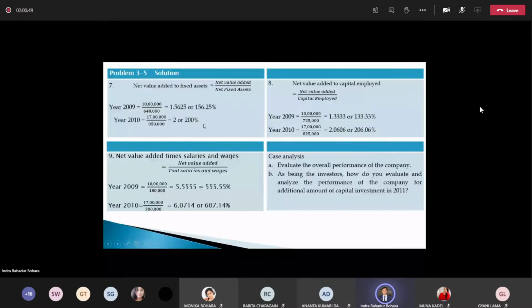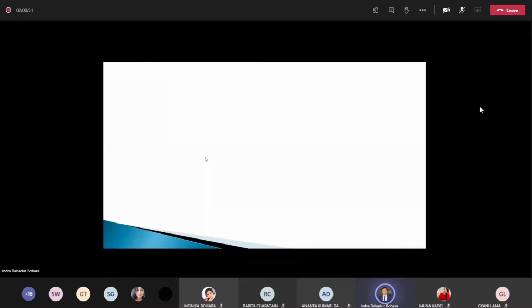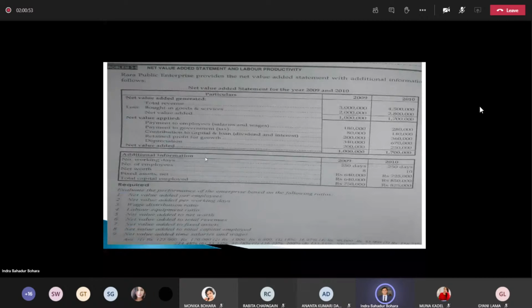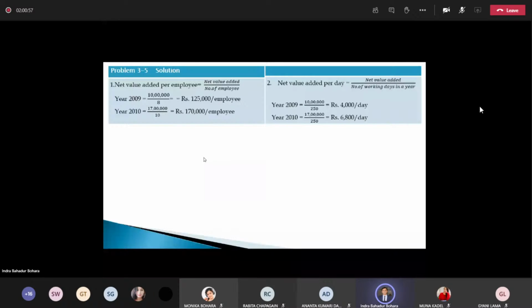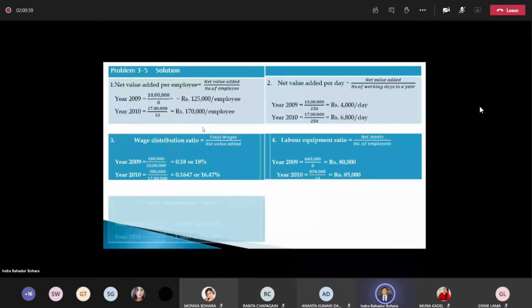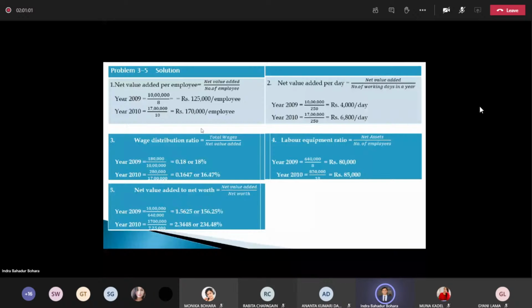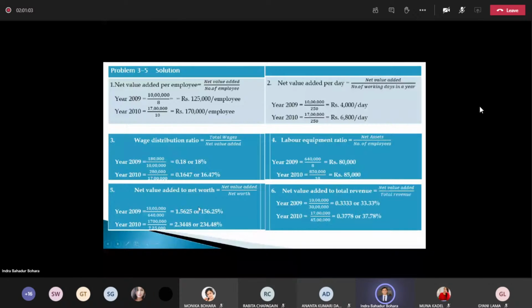The company has better performance and so on. You explain like this in all. This is individual. Based on individual analysis, you can evaluate the performance of the company. Explain that it is better, good in all.